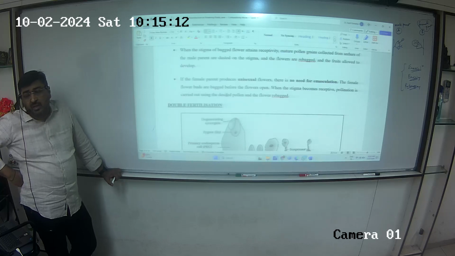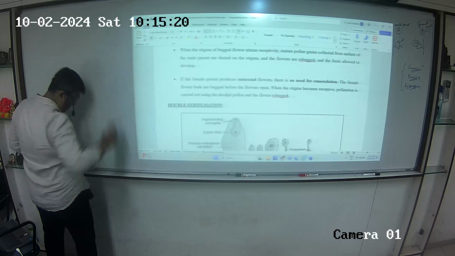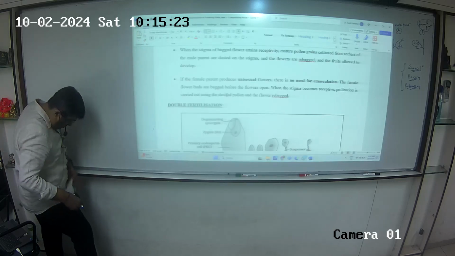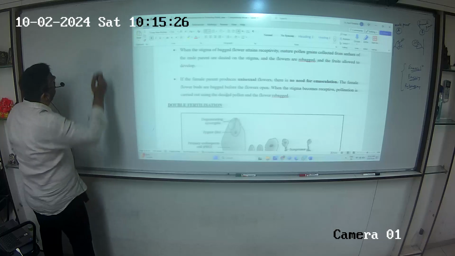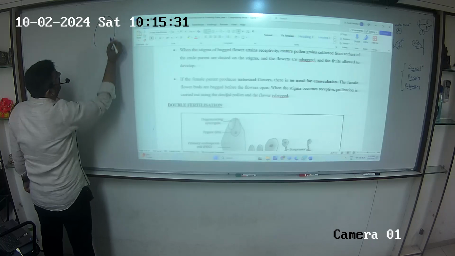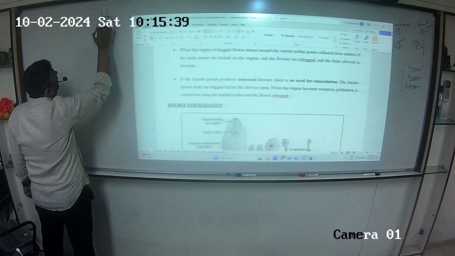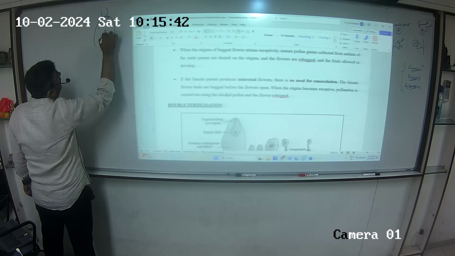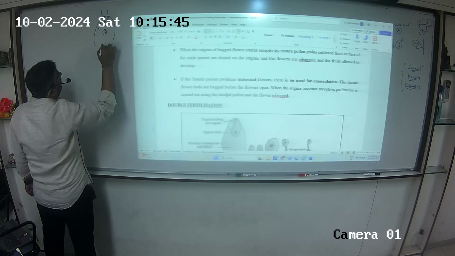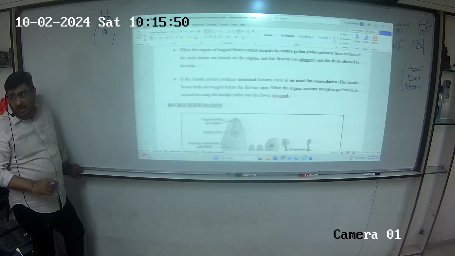The male gametes will enter the synergid first, and then the embryo sac. Gametes have now entered the embryo sac.